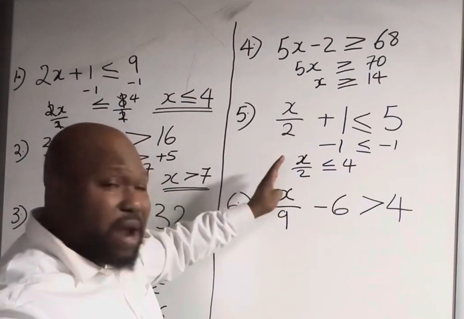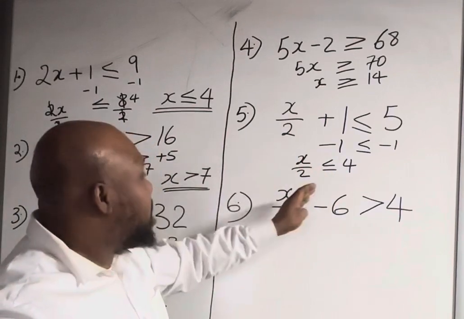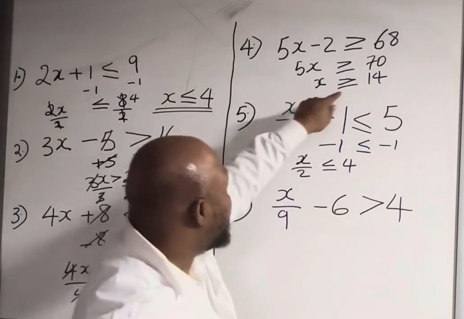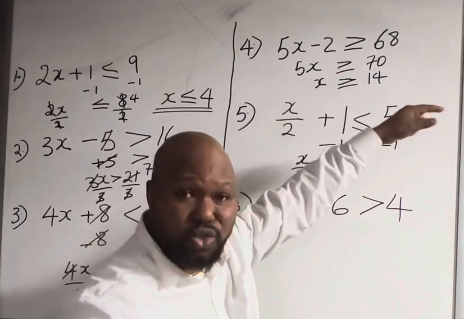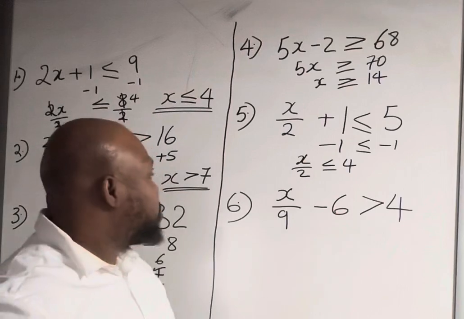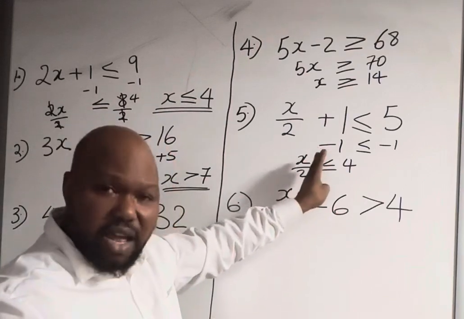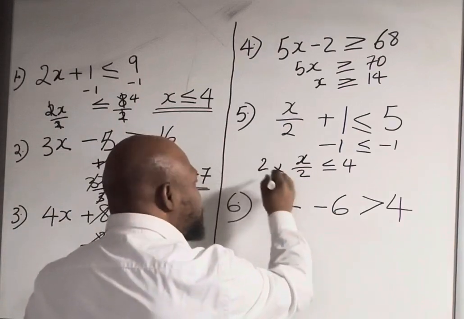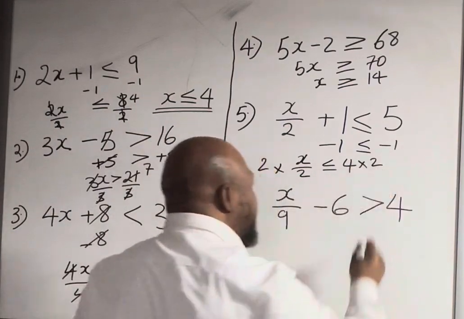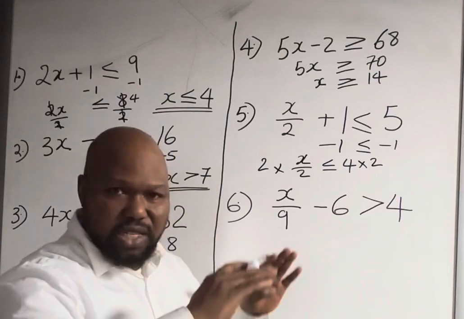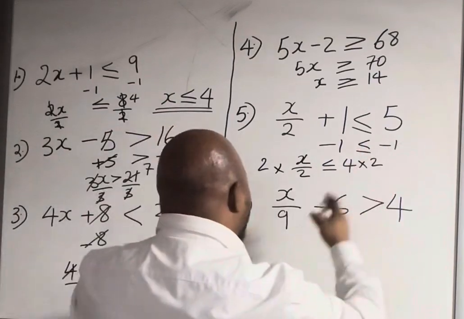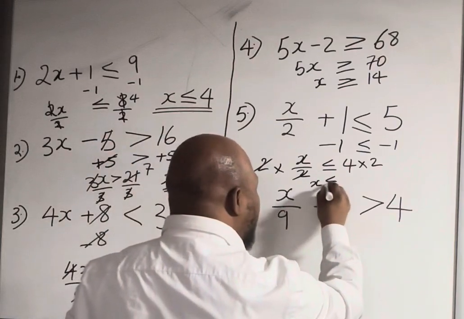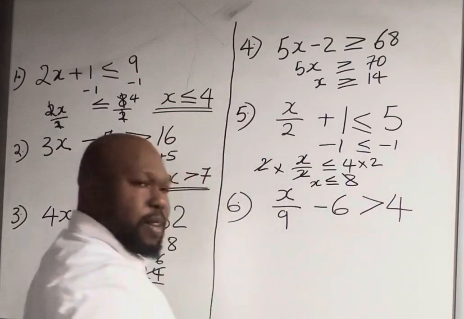This is not an equation, this is an inequality. Although there are some that could be equations because of the equals to, but this is an inequality. So if we multiply the left hand side of the inequality by 2, and the other side multiplied by 2, we haven't done anything to the whole structure. So what we get is x is less than or equals to 8.